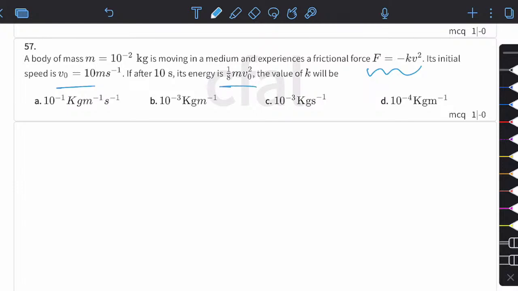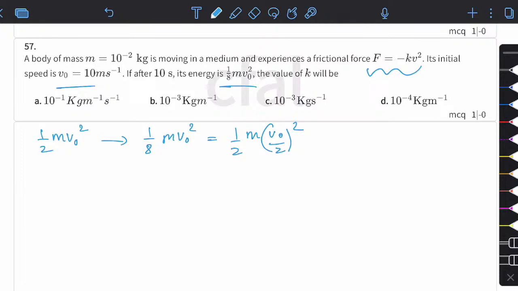So let's find out what the final velocity is. We are given the final energy. See, initial energy would have been half m v naught squared. Final energy is 1 by 8 m v naught squared. We can write this as half m times v naught by 2, the whole squared. Correct?